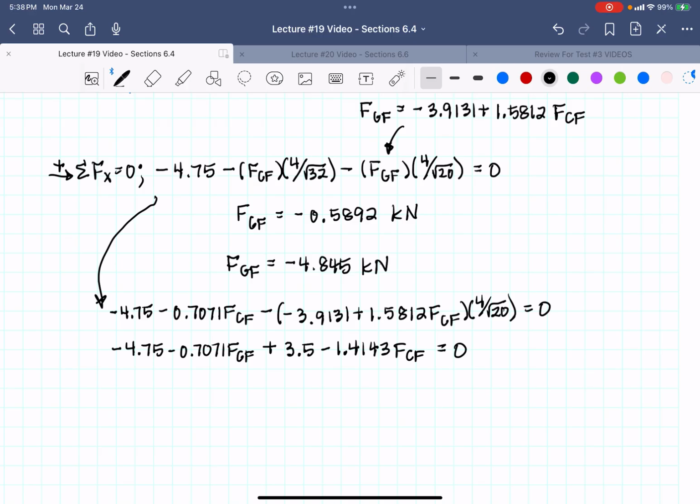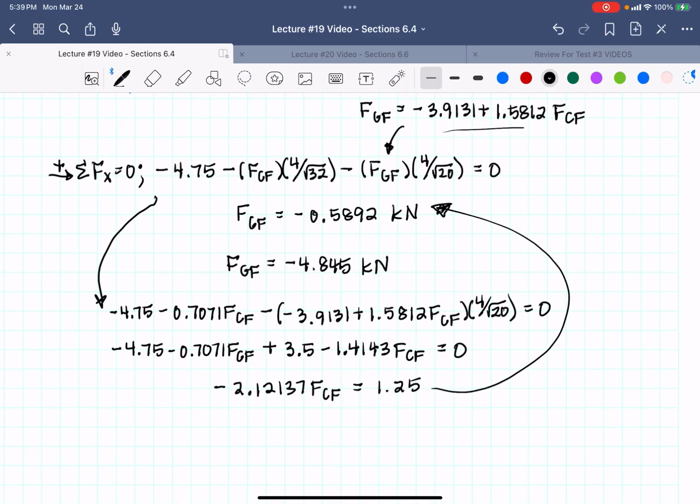So if I solve that all out and get FCF on one side and the numbers on the other side, I get that negative 2.12137 FCF equals 1.25, which when I solve, that's where I get this number up here. Then I substituted back in to our FGF equation up here, and that gave me my answer.